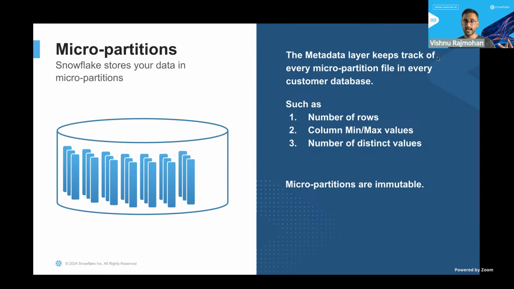So when I say that, the kind of data that we collect for each micropartition are listed here. Number of rows that exist in each micropartition, the min and max values of columns in each micropartition, number of distinct values, all of this is collected and stored within our cloud services layer. And that is essentially used at query time for us to understand, based on your query, where the specific data that's being looked at by the query exists, in which micropartition it exists.